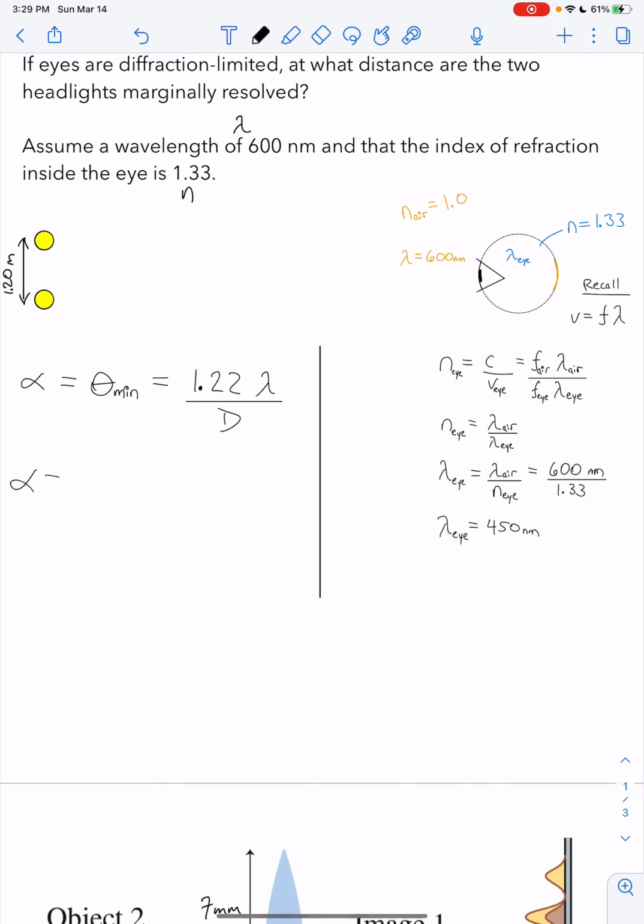All right, so now we can go back to our case here. So we've got our alpha. Well, we've got 1.22 times our lambda, and our lambda is going to be 450 nanometers.